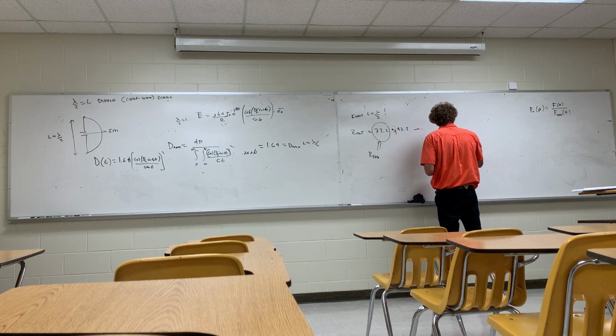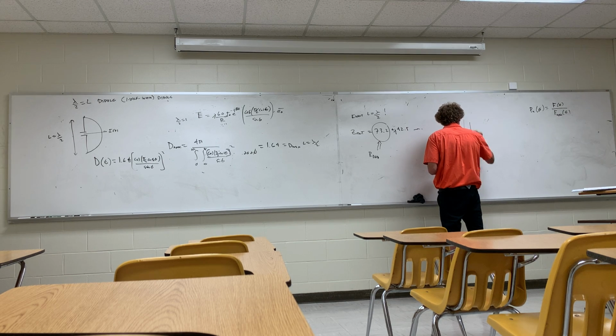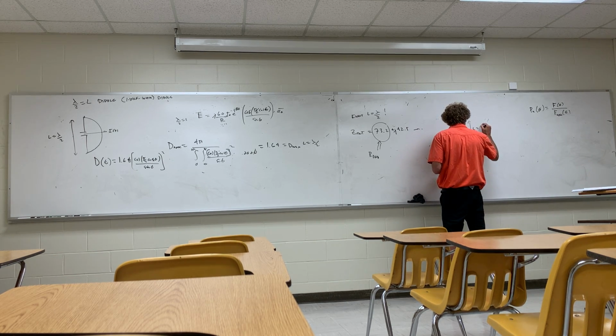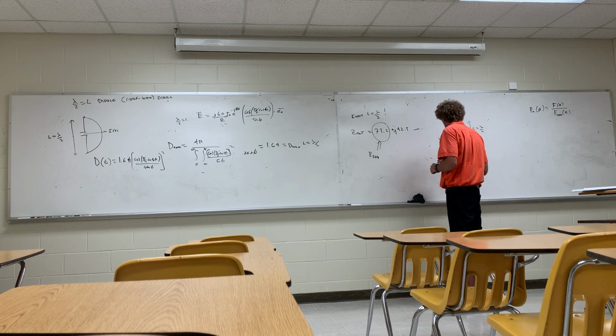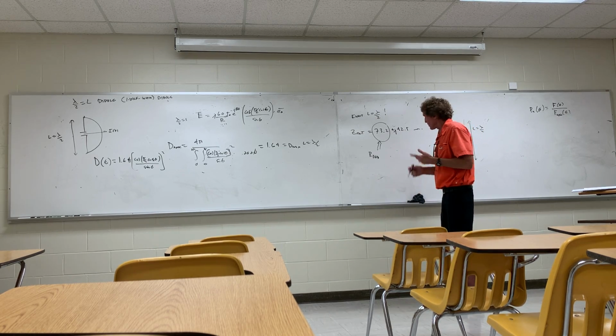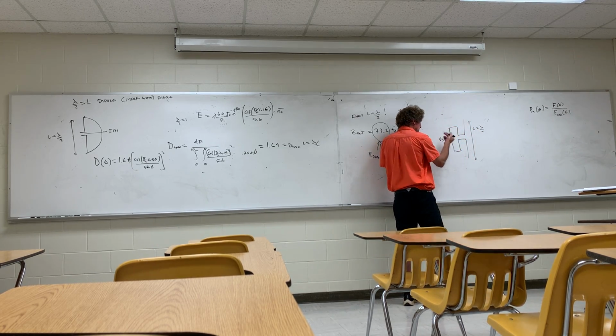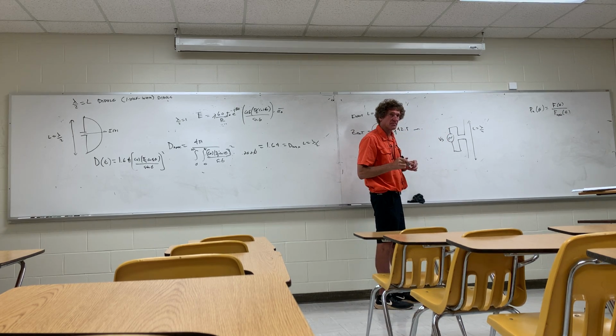Normally you do this. You're going to have some voltage source here, some Vs, connected to your half-wave dipole. Let's say this Vs is the magnitude of the actual voltage, at some frequency.